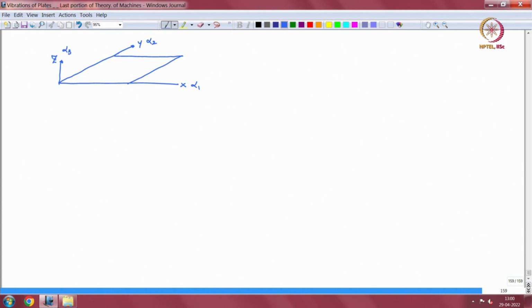And then I will write the equation of motion in the way normally you will see it: plus 2 del 4 w by del x square del y square plus del 4 w by del y 4 plus rho h w double dot is equal to the force.